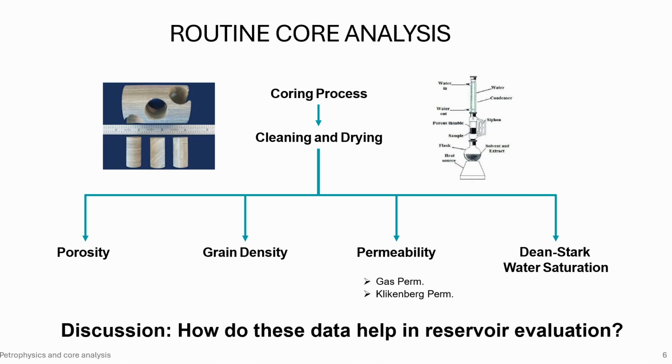This slide shows the RCA workflow: cleaning and drying, then measuring porosity, grain density, permeability, Dean-Stark saturation, gas permeability, and Klinkenberg permeability. The key teaching point here is that routine core analysis is standardized and repeatable.